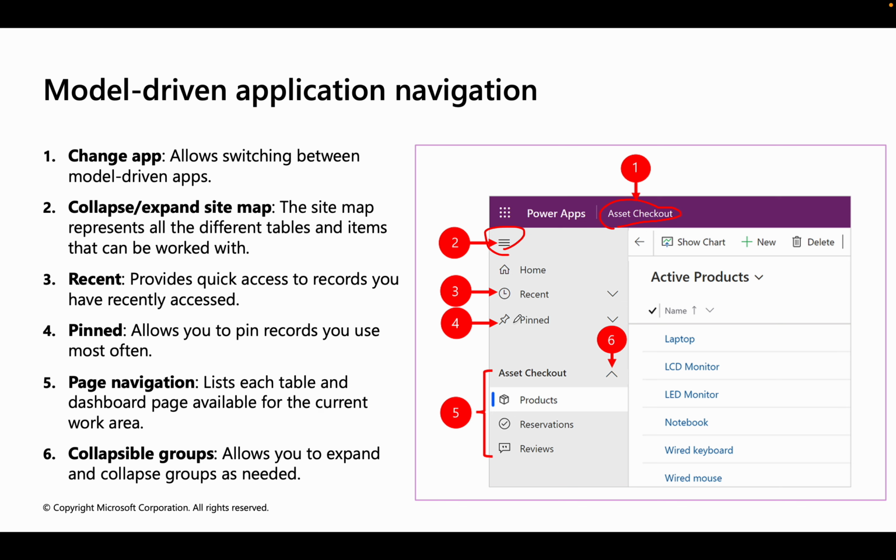Inside the navigation pane, you do have some functions. The first one is home. Then we go back to the home page of this app, and recent means some recently accessed pages.